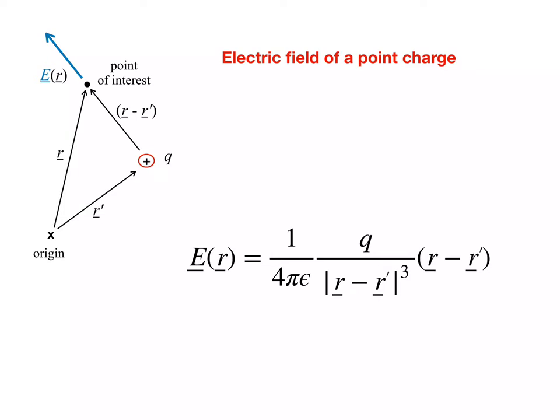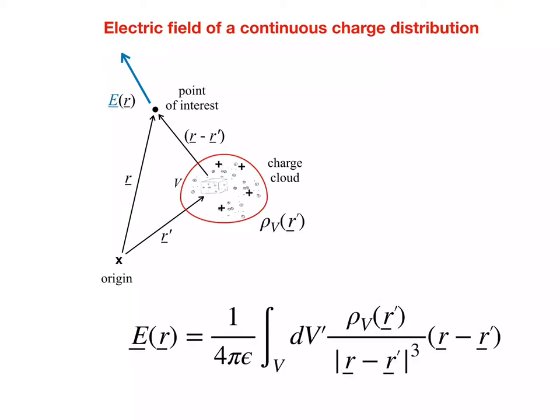Since field vectors superimpose linearly in line with the rules of vector algebra and according to the principle of linear superposition, this equation can be generalized for the case of multiple charges or continuous charge distributions. The situation for the electric field of a continuous charge distribution is illustrated here.